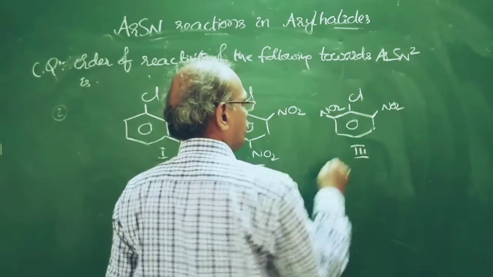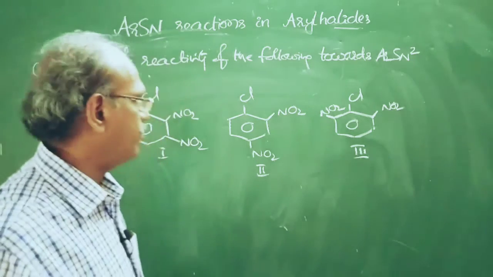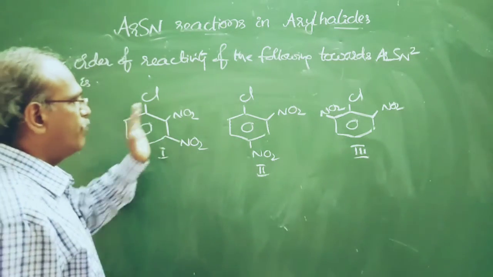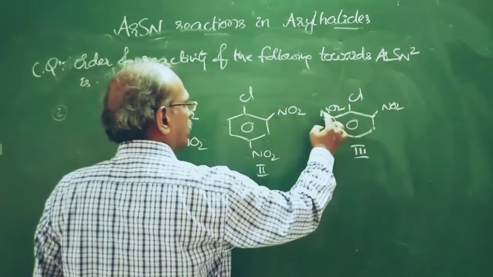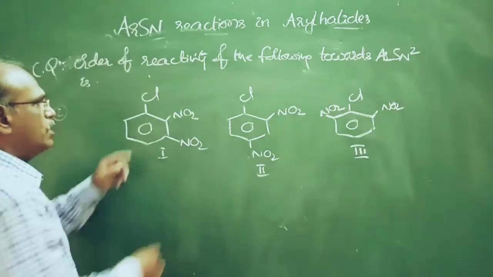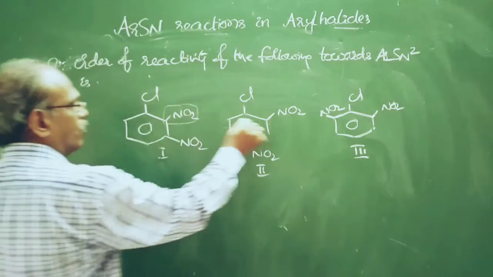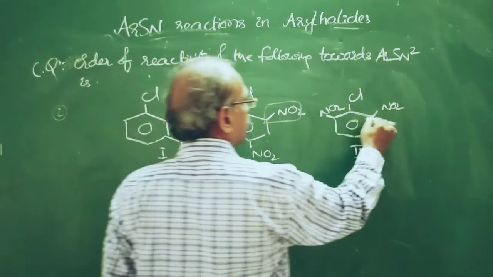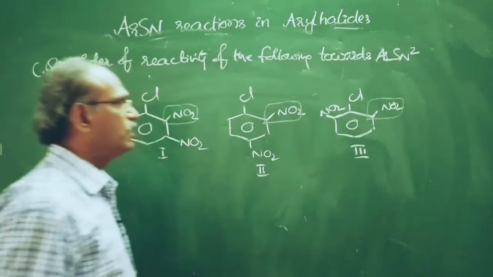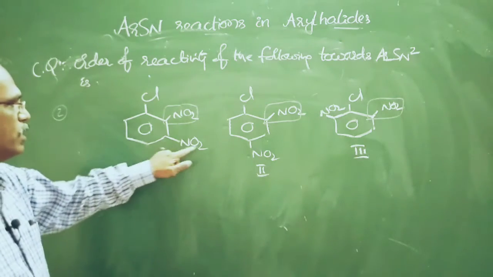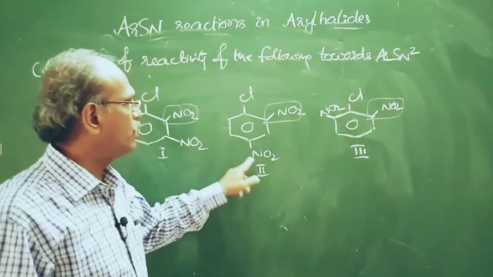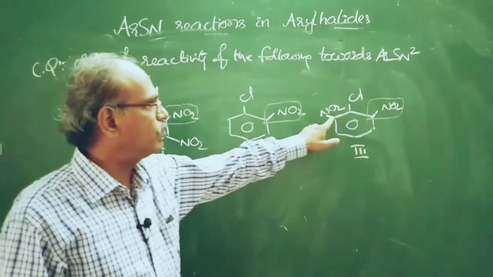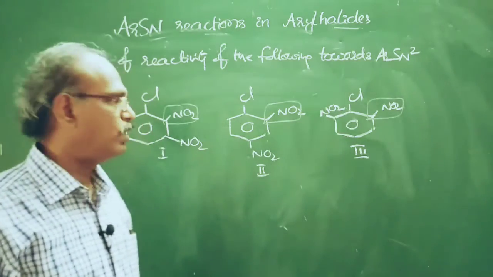So if you look at these three compounds, see the difference. In these two electron withdrawing groups are at ortho and para positions. This is common in all. Only the difference is here in this NO2 is at meta position to the leaving group. Here NO2 is at para position to the leaving group. This is at ortho position to the leaving group.